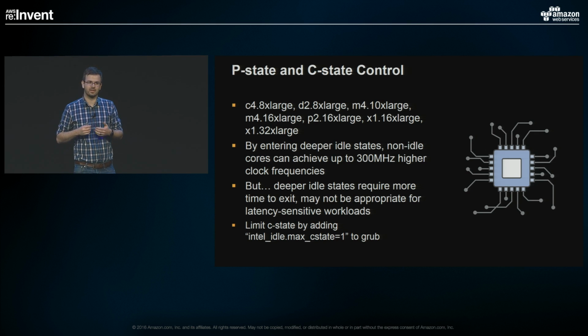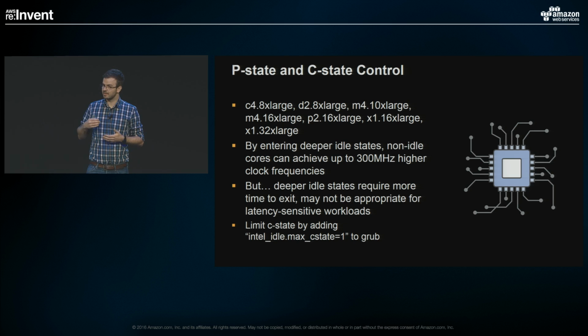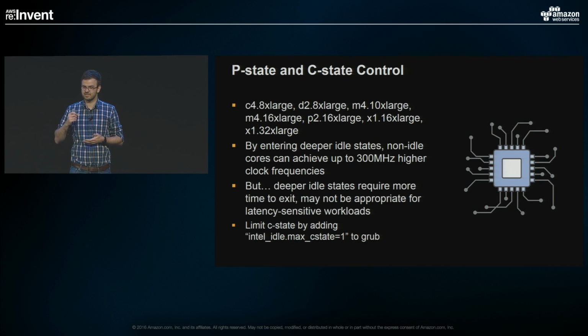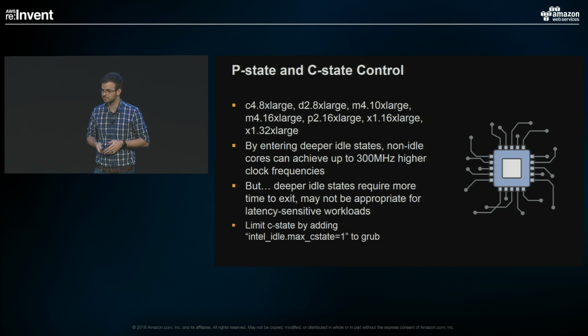But if you're doing work that requires all of your cores to be available and working, it can actually increase the latency of bringing up those idle cores. So I have some customers who will actually set this, the command that you see down at the bottom, in grub, so it'll limit how far those other cores can idle down, so that when you go to use them, you won't have the increased latency of spinning them up.